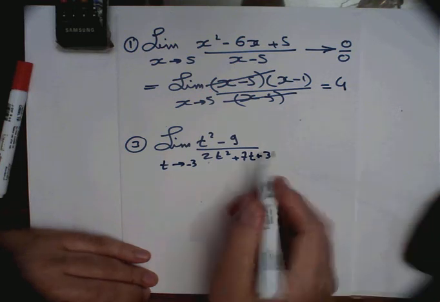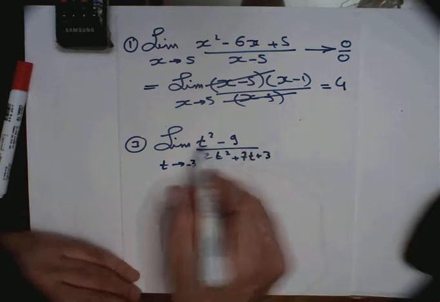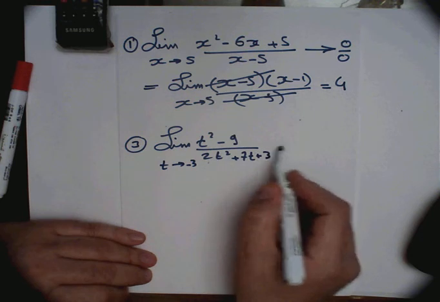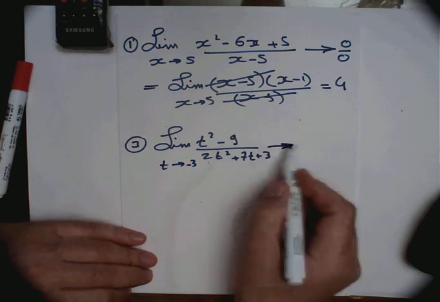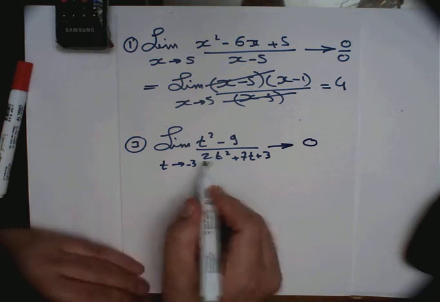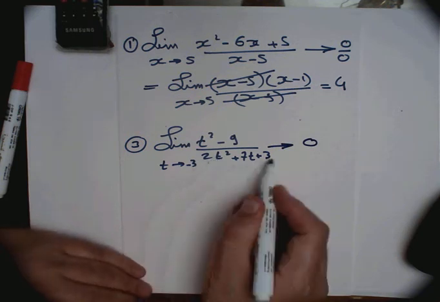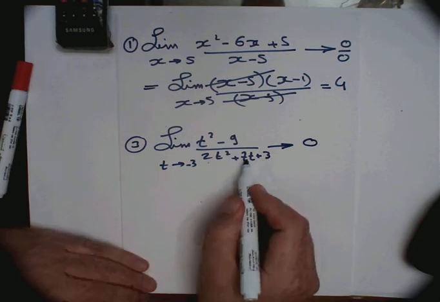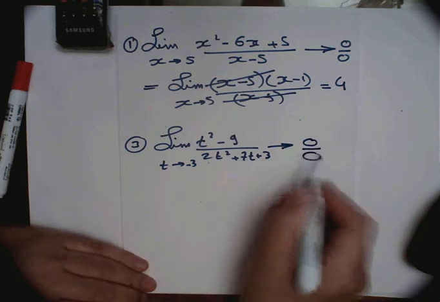Okay. Now let us substitute directly to obtain 0, and here will be 18 plus 3 is 21, and here minus 21, which is also 0.